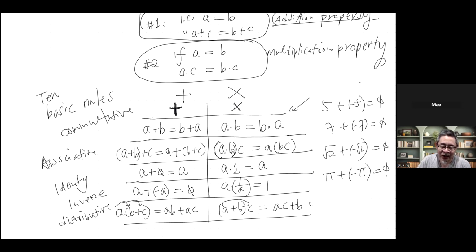And when we're dealing with fraction division, we can write it as multiplying by its reciprocal. So therefore, we really just need 2 operators. So now we can see there are 2 operators and 1 equal sign. And with that, we pretty much can handle almost all algebraic problems.